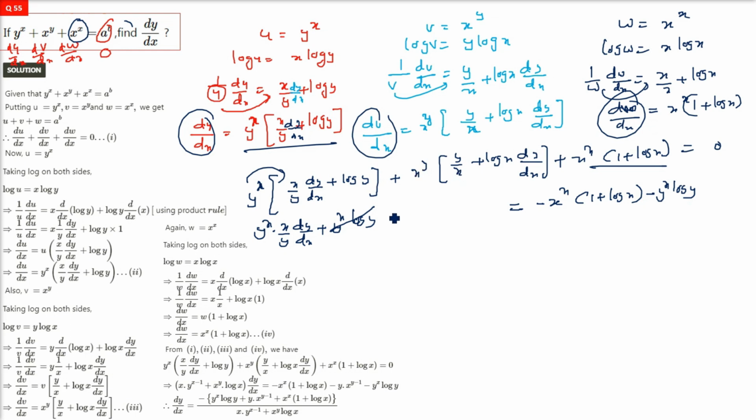Now multiplying this, x to the power y, y by x plus x to the power y log x dy by dx. So this also I'm taking on the right hand side. Please remember, x to the power y is in the numerator, x in the denominator. When x goes in the numerator, it will be x to the power minus 1. So you can add the powers, x to the power y minus 1. There is a slight mistake I've done.